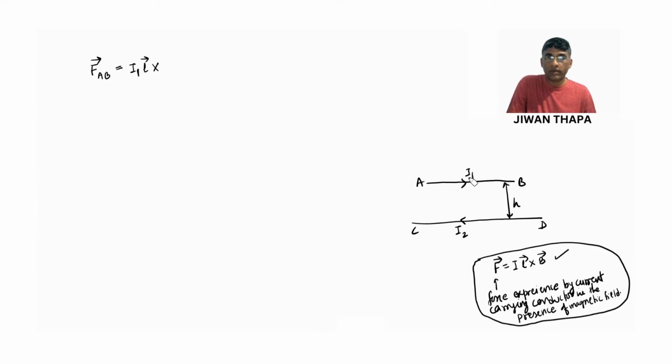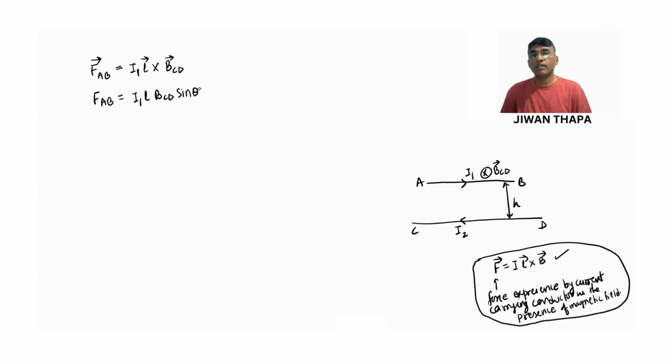So I'm writing in vector form. Now let us write in magnitude: this is I1 L BCD sine theta.